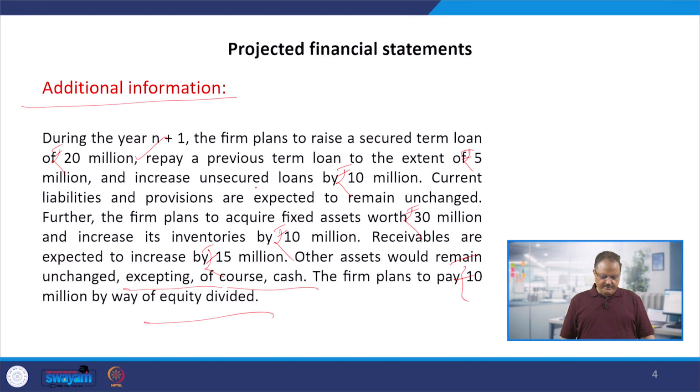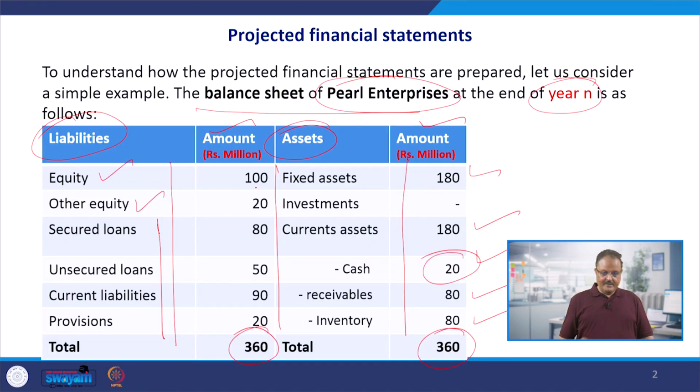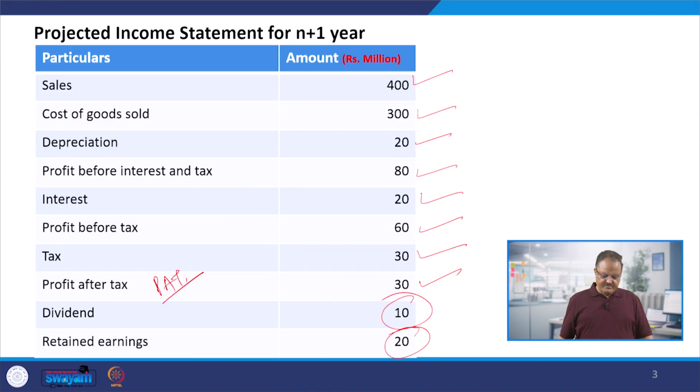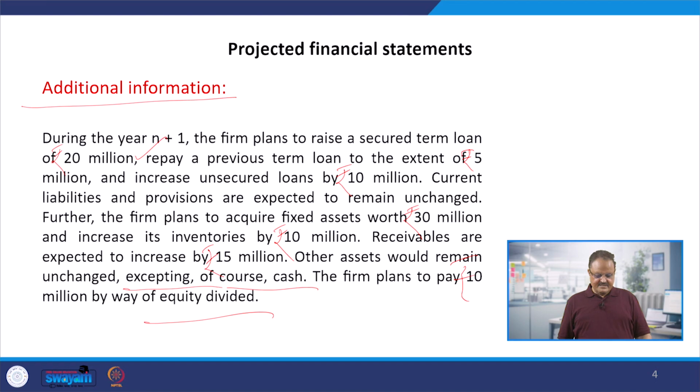So now we are going to prepare the cash flow statement with the help of these three statements available with us. In this case we are given the balance sheet for the current year, and we are given the projected income statement for the n+1 year, that is the first next projected period, and then we are given the additional information. With the help of these three we will be preparing the projected cash flow statement and the projected balance sheet.